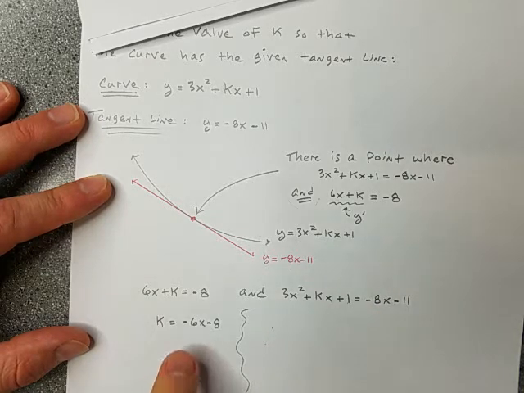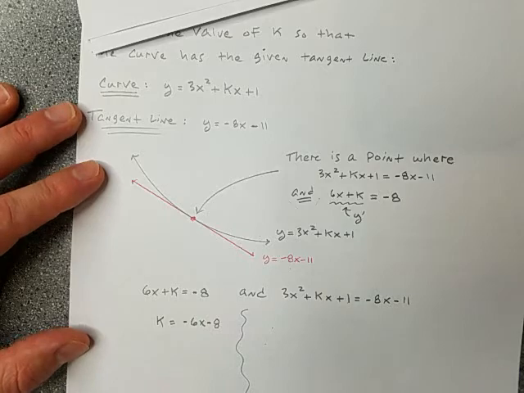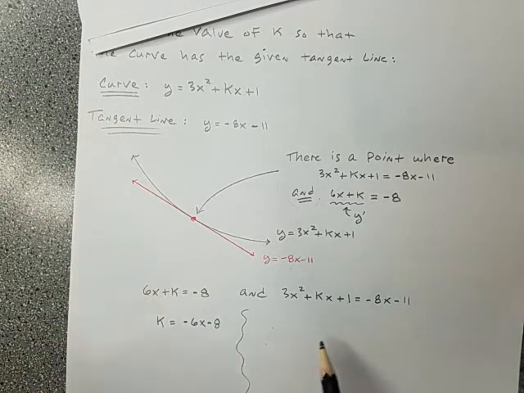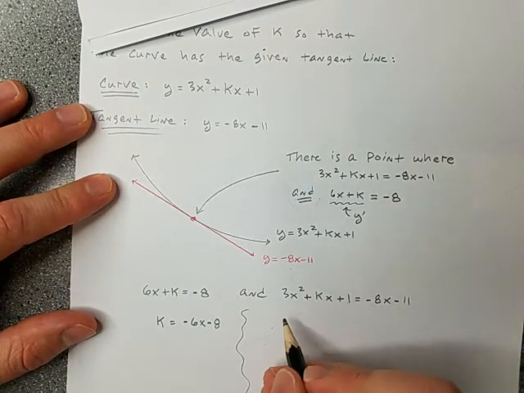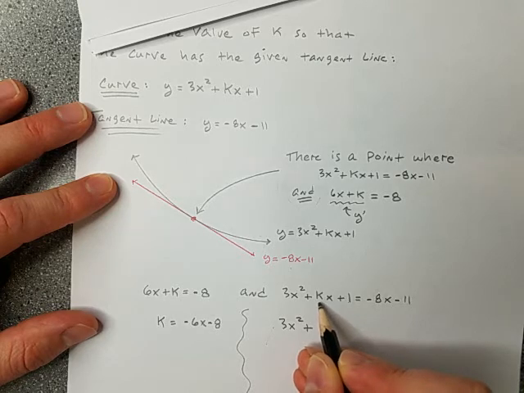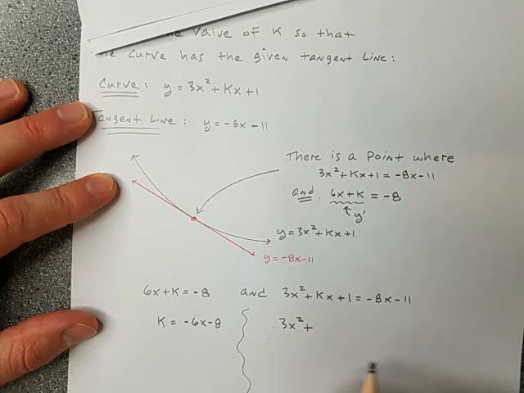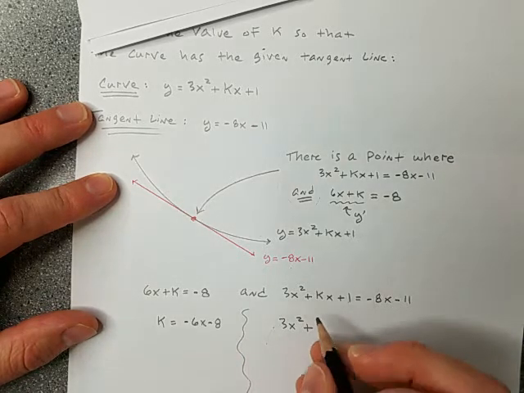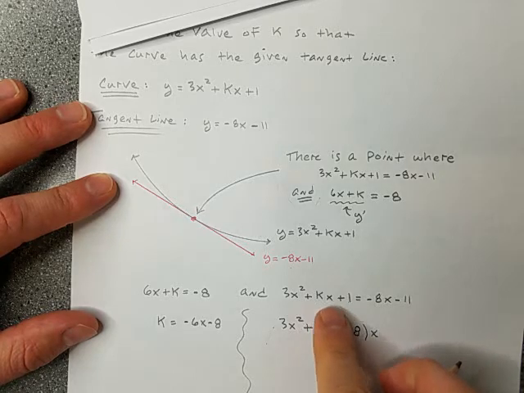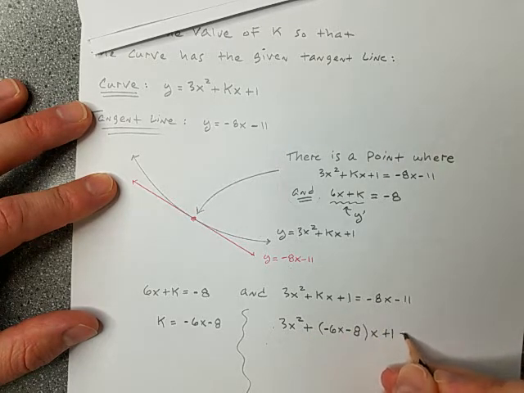Once I know my x, I'll get my k. So if k, according to this, is negative 6x minus 8, then 3x squared plus k, what's k? Negative 6x minus 8, times x, plus 1 equals negative 8x minus 11.